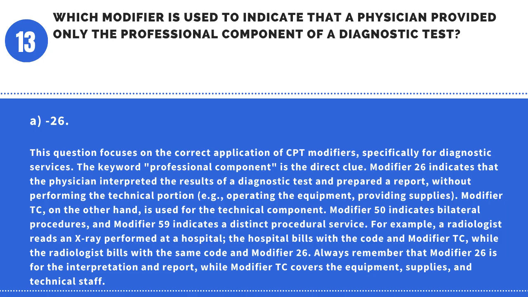Modifier 50 indicates bilateral procedures, and Modifier 59 indicates a distinct procedural service. For example, a radiologist reads an X-ray performed at a hospital. The hospital bills with the code and Modifier TC, while the radiologist bills with the same code and Modifier 26. Always remember that Modifier 26 is for the interpretation and report, while Modifier TC covers the equipment, supplies, and technical staff.